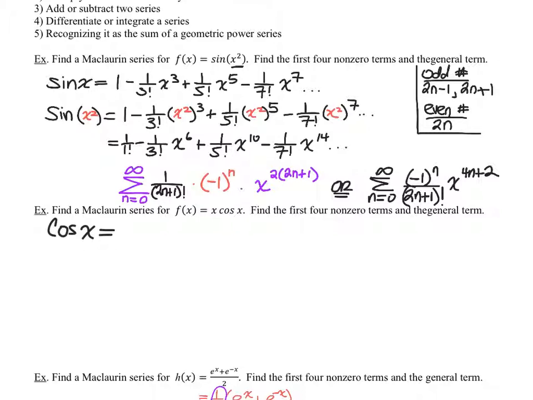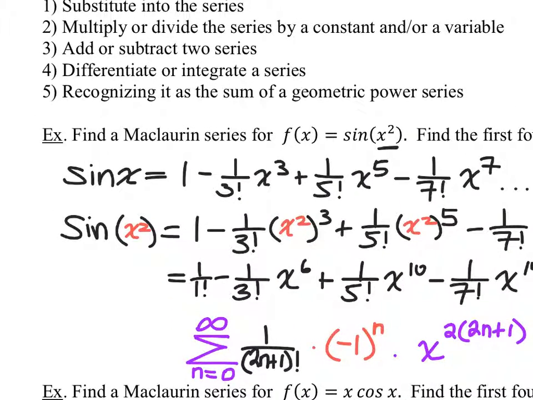Power of 3, power of 5, power of 7, this should be x to the first. So then this should be x squared.